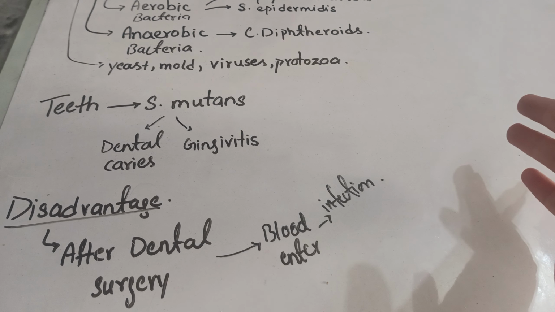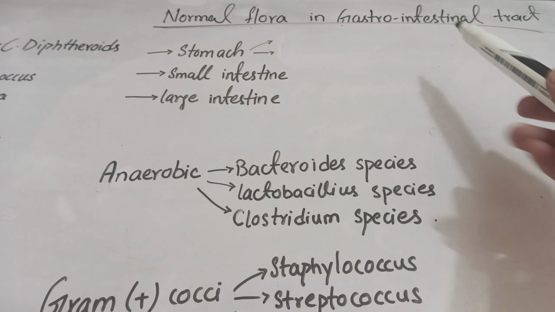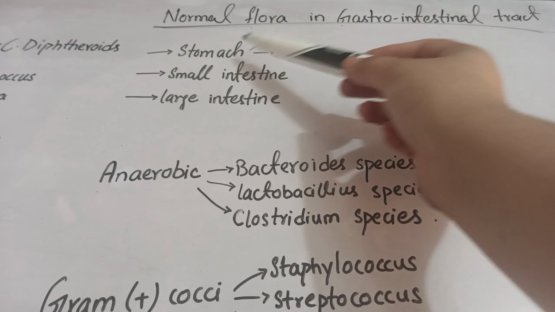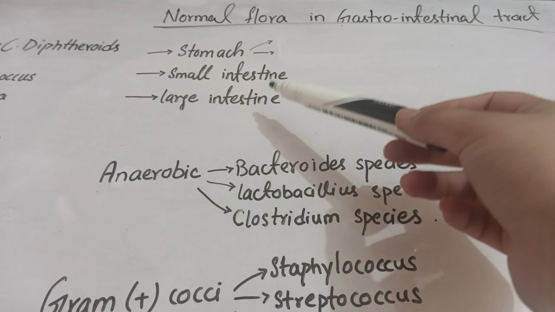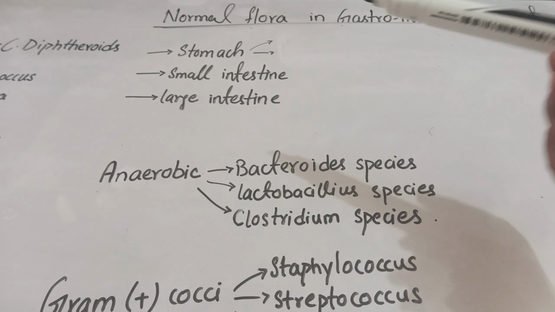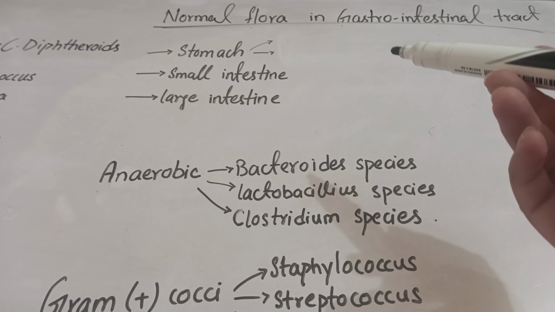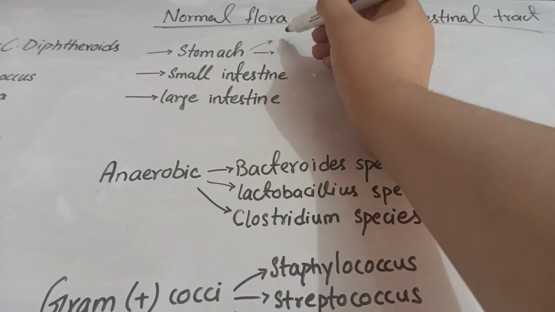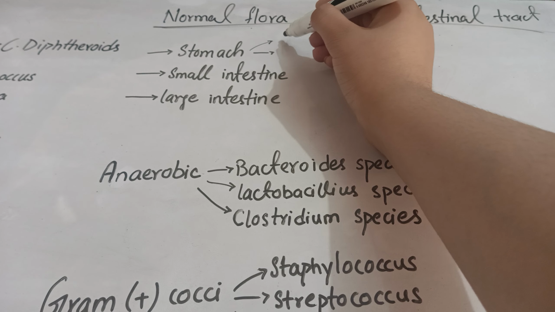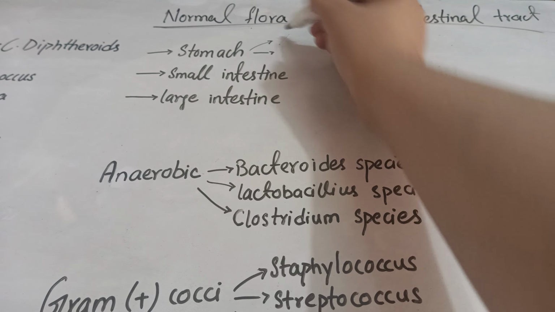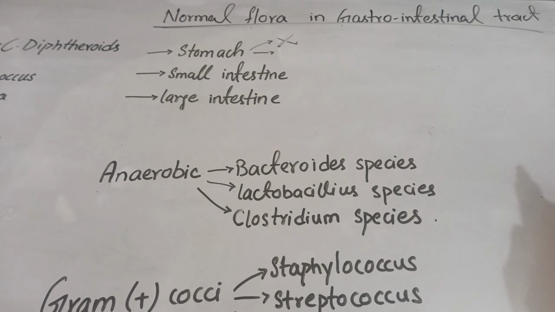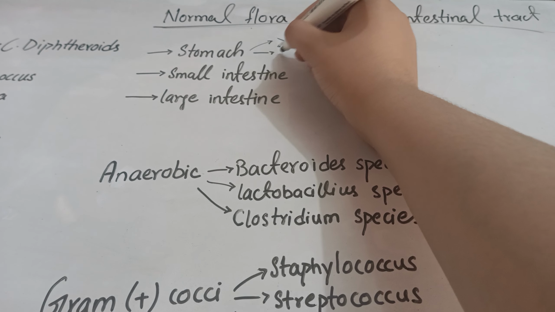Here is the normal flora which is present in your gastrointestinal tract. Your gastrointestinal tract mainly consists of these parts, and here you can see what kind of normal flora are present. In your stomach you have no normal flora. Why are they not present?